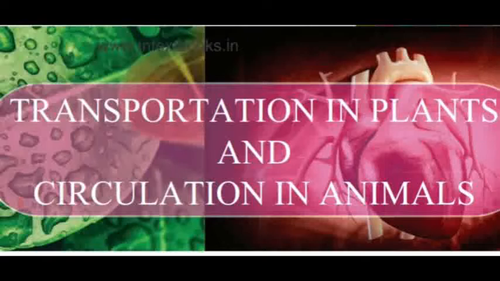Then, both the chambers have different arteries and veins which carry oxygenated blood and deoxygenated blood. So, this is all the topic we have seen in the previous video class.